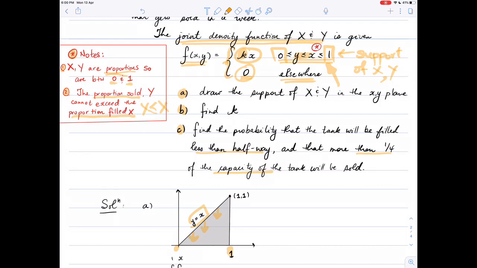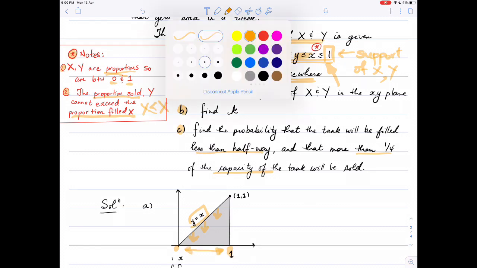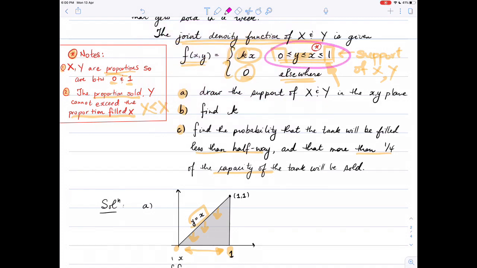And x can be anywhere from 0 to 1. So the support of x and y is this triangular region down here. The density then is 0 outside of that region, and so probabilities are 0 outside.